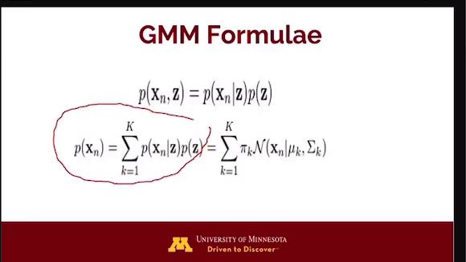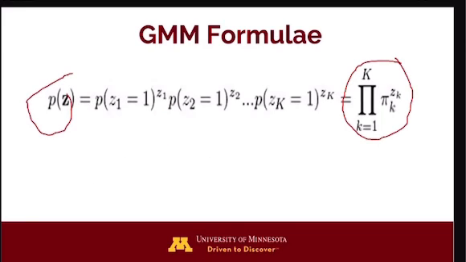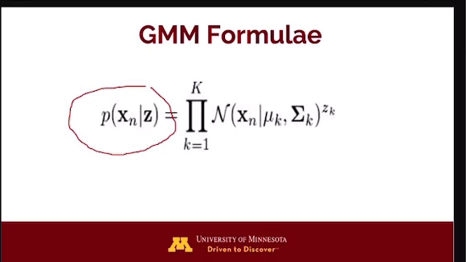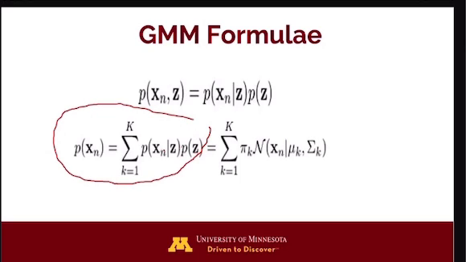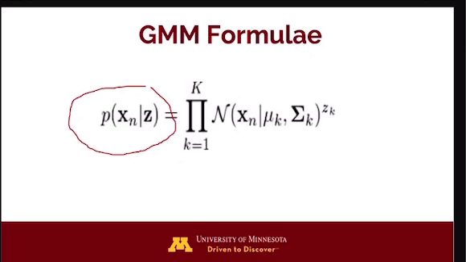I'm going to take you back. Do you see that? The probability of z, if I'm interested in just a single z, is pi k. Then what about the probability of xn given z? I'm only talking about one cluster this time around, not all the clusters. Does that make sense? Now from there, I plug in that one.